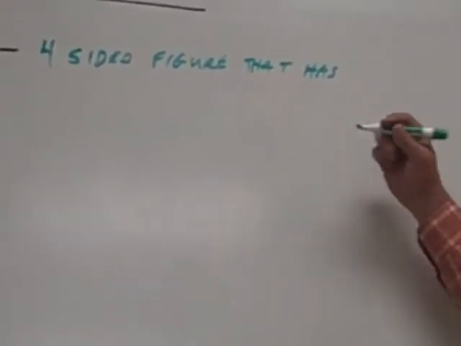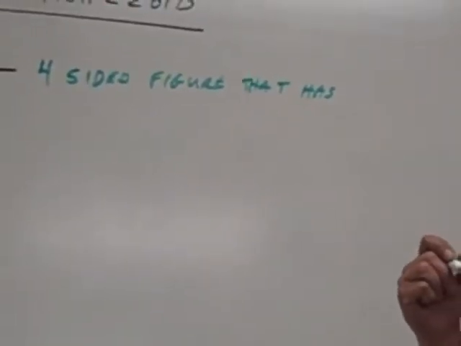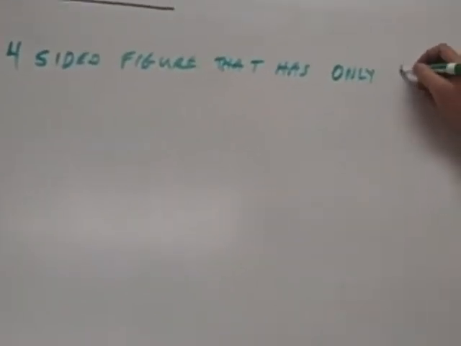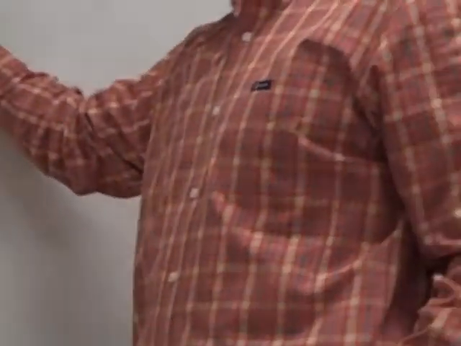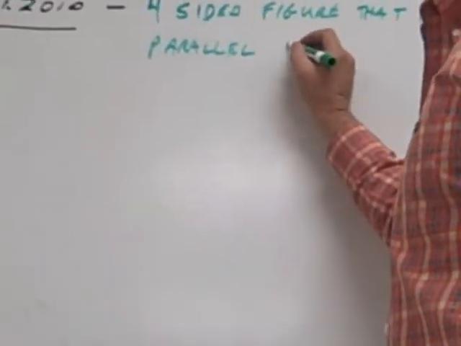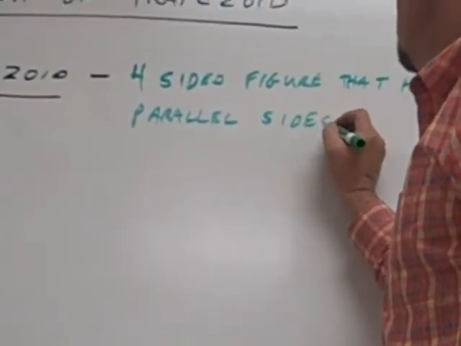So let's try to say what? It has 2 parallel sides and 2 unparalleled sides. Okay, but I want to clean that up just a little bit more, so let's put it down like this. You're right, and he's right, but let's put it simple. A four-sided figure that has only one set of parallel sides.